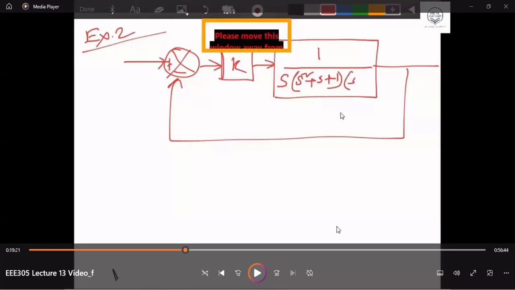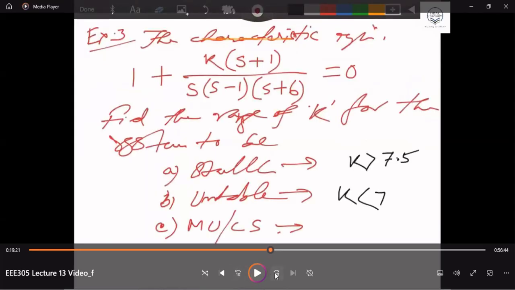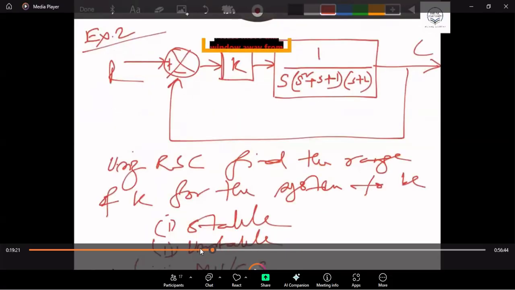Now this is what you have to solve by yourself, and let me know how to do it. Hey, what happened? Just press the button. Just a minute.